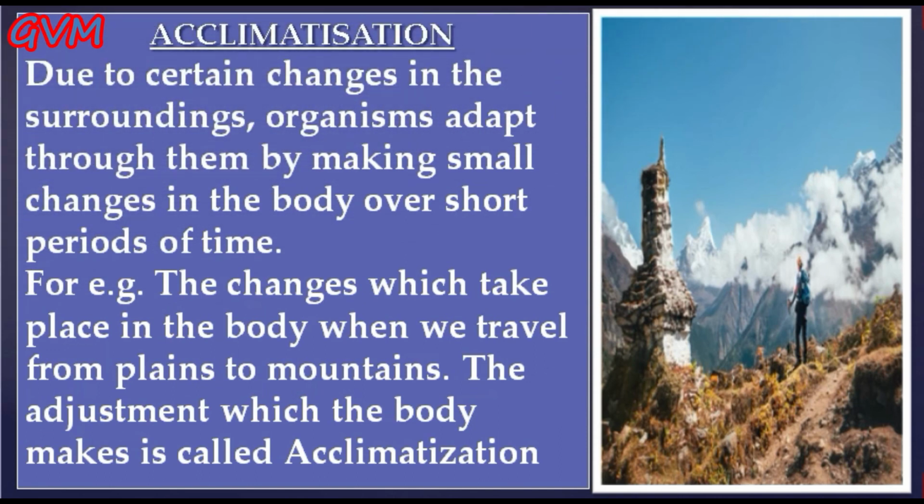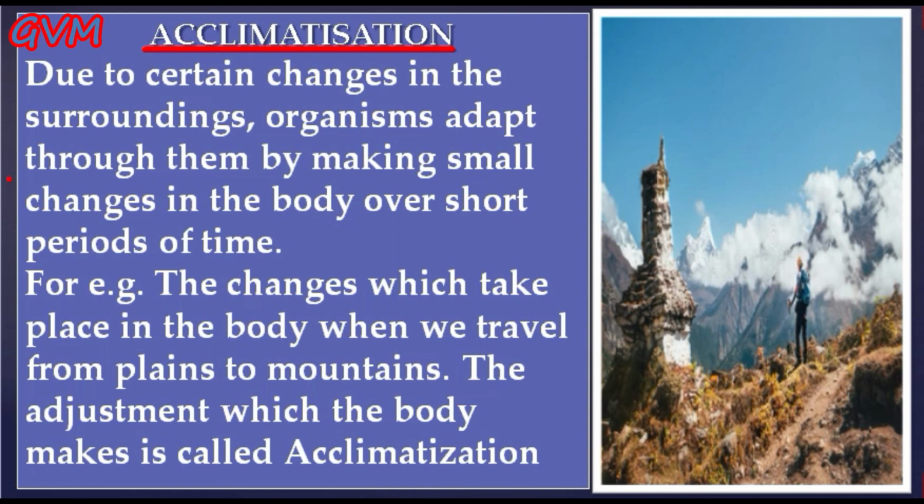Now students, the last important topic of this chapter is acclimatization. Students, acclimatization is the process in which an individual organism adjusts to a change in its environment, allowing it to maintain performance across a range of environmental conditions.